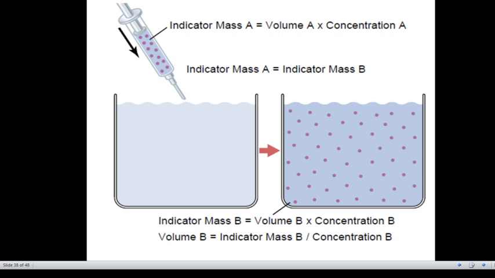If none of the substance leaks out of the compartment, the total mass of substance in the compartment, given by volume B multiplied by concentration B, must equal the mass of the substance injected, that is volume A multiplied by concentration A, as stated by the conservation of mass principle.